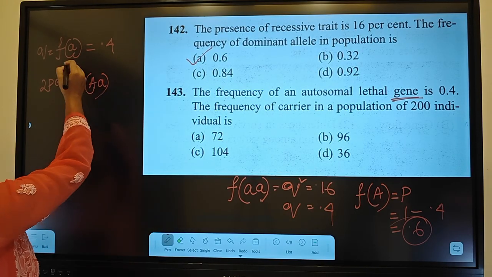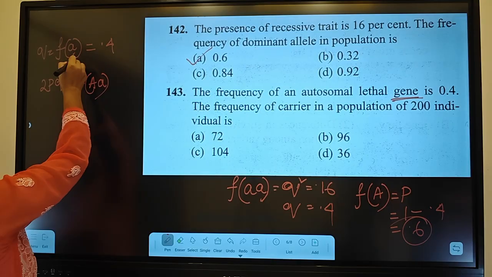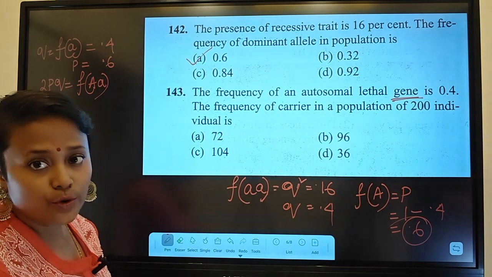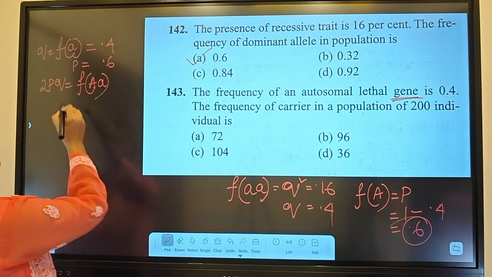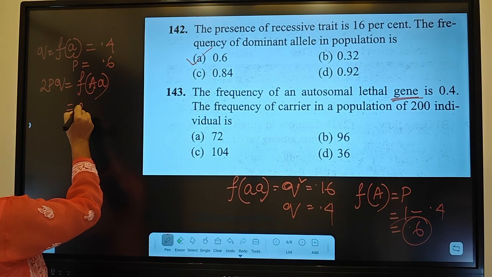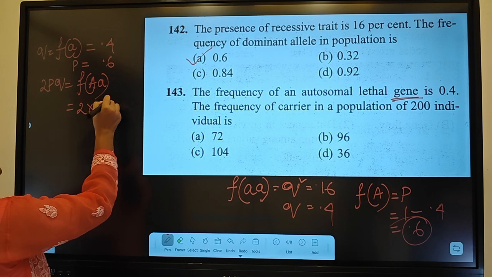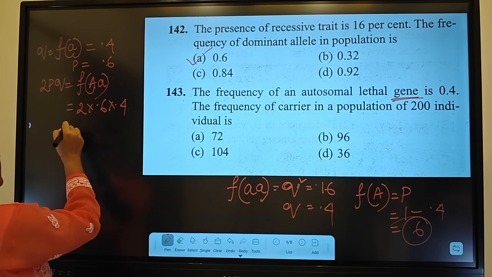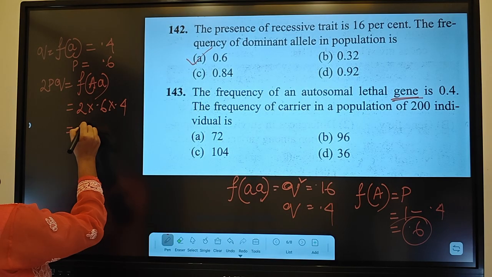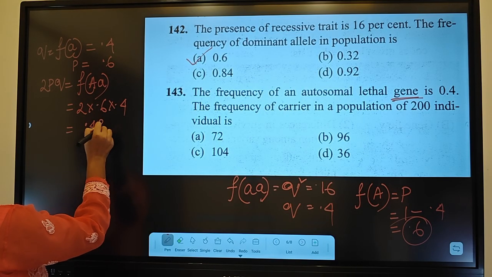So here Q equals 0.4, so P equals 1 minus 0.4, which is 0.6. Now 2pq is 2 into 0.6 into 0.4, so it will be 0.48.